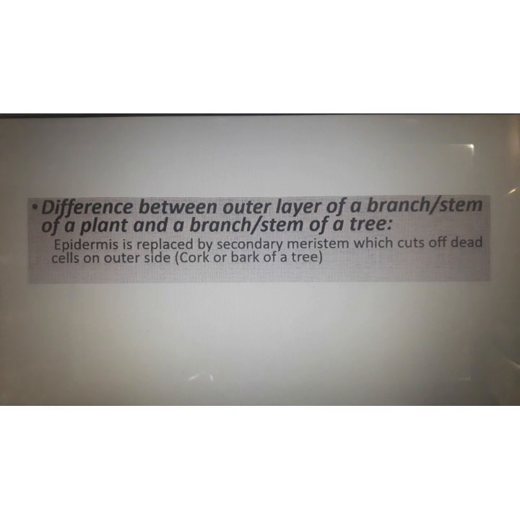This secondary meristem cuts off dead cells without intercellular spaces on the outer side, which becomes several layers thick, and it is called cork or bark of a tree. They have deposition of suberin which resists gases and water loss.